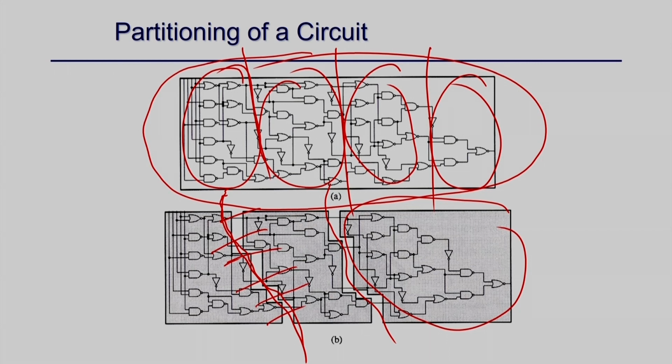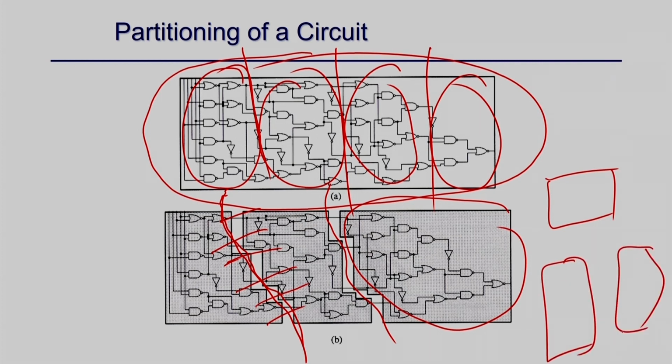When you break this into, say, three components as I showed here, all the connections crossing this cut have to be routed here. So your objective will be to find a cut which has the minimum number of such routing connections. That gives you the benefit of far fewer interconnections, and that is a good partitioning of your algorithm.